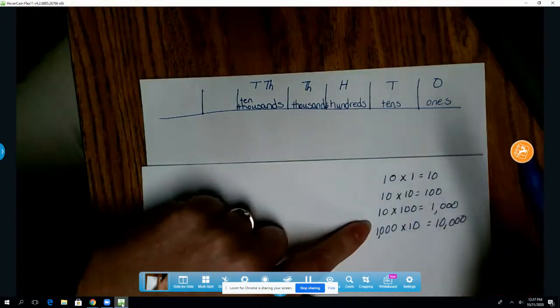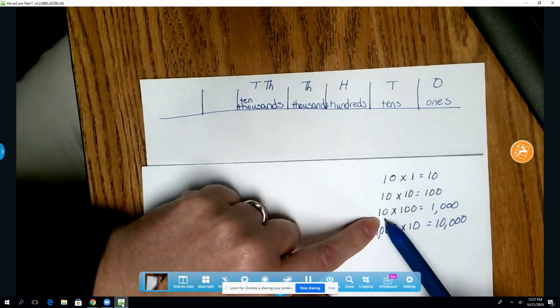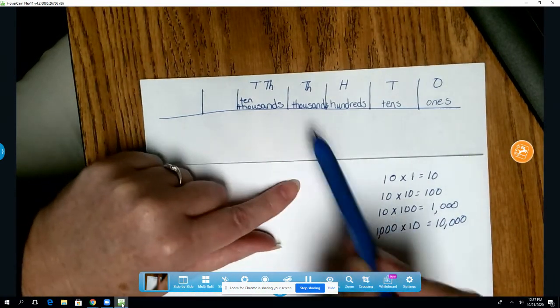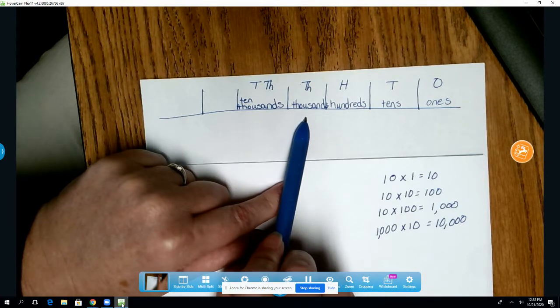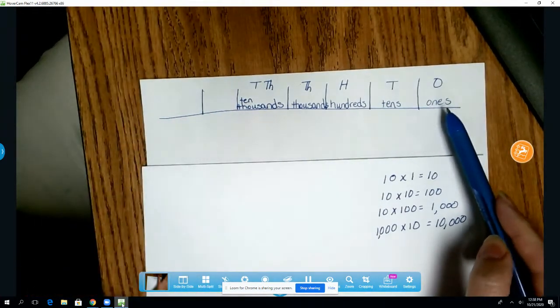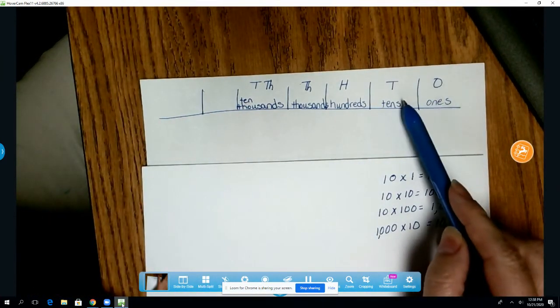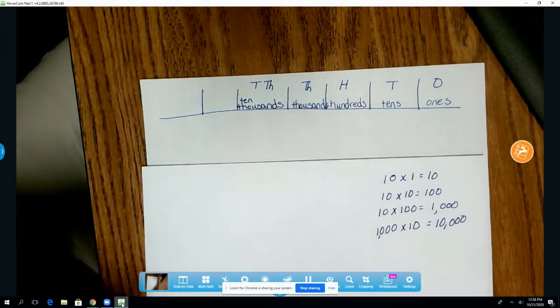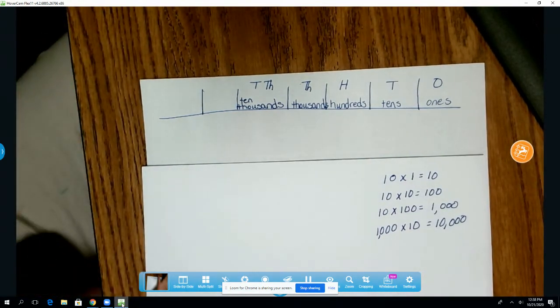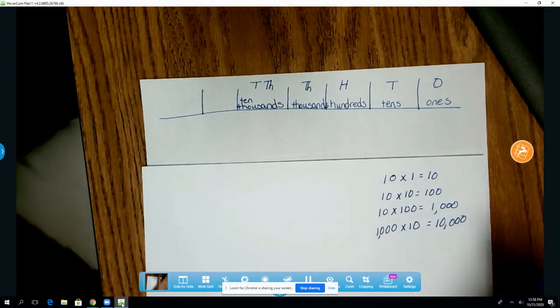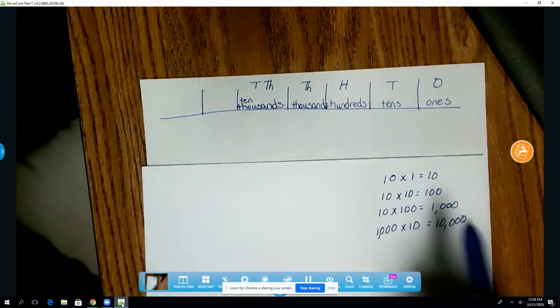And then the same thing happened here. 100 times 10 equals 1,000. So I hope you're noticing the pattern that each place value is 10 times bigger than the place value before it.